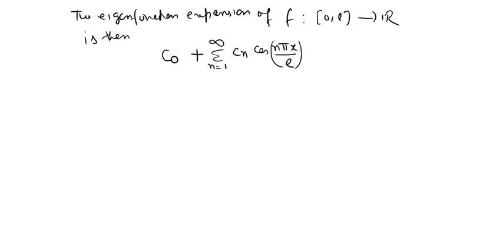Okay, so with C0 is for lambda equal to 0.